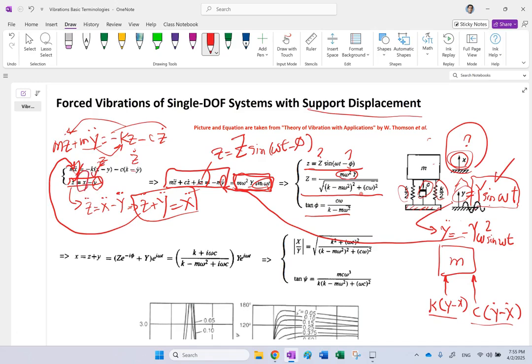To get my x. So x equals z plus y, where z is a harmonic with frequency omega, with magnitude Z, and with phase negative phi.